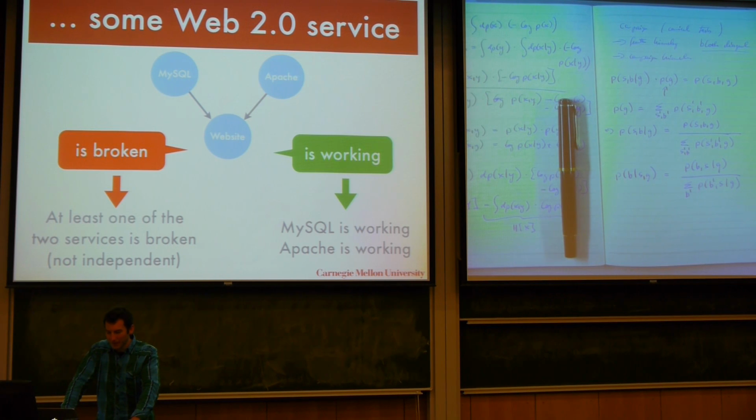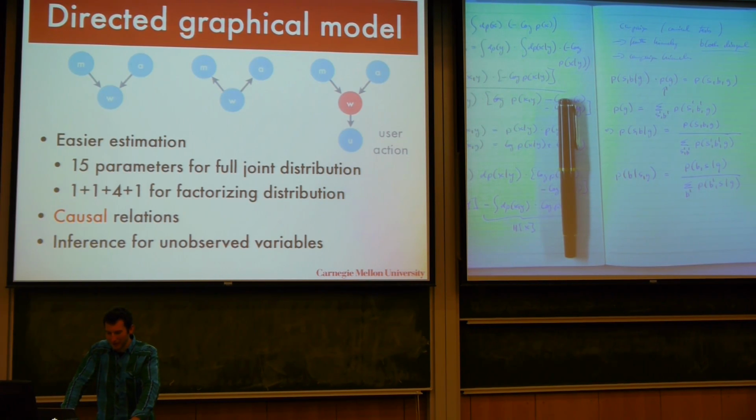Now, usually life isn't quite that easy. So you might actually have that variable W not being observed directly. Let's say this is a very simple model of how a major internet company works. They have a database backend, they have a server, then they display a web page, and the user does something.